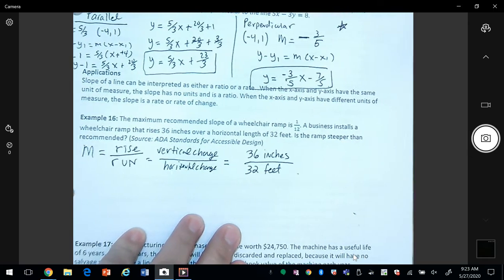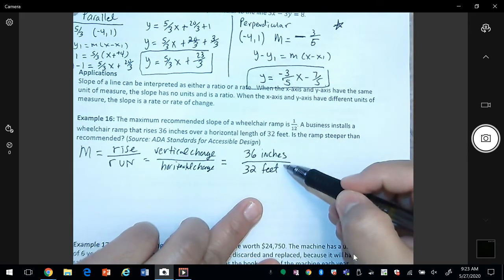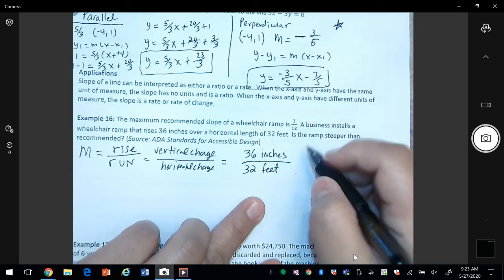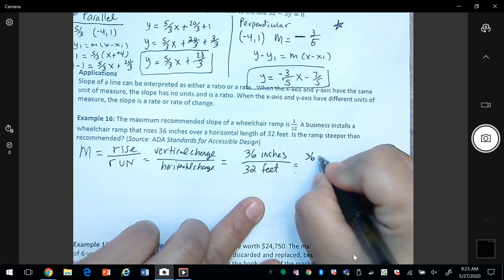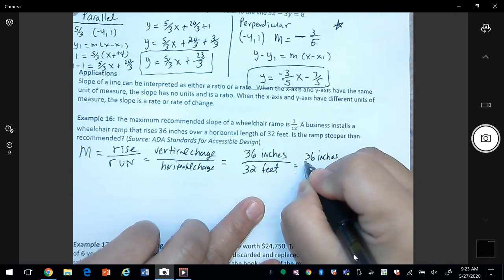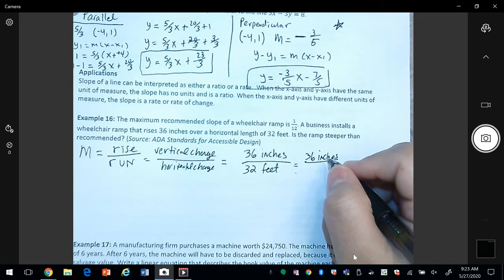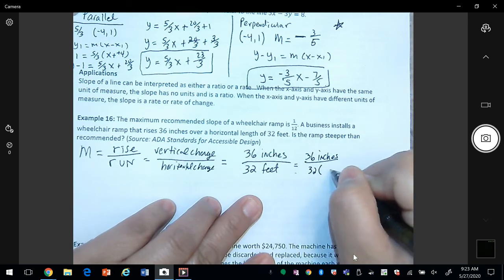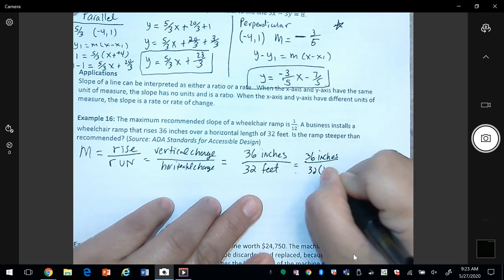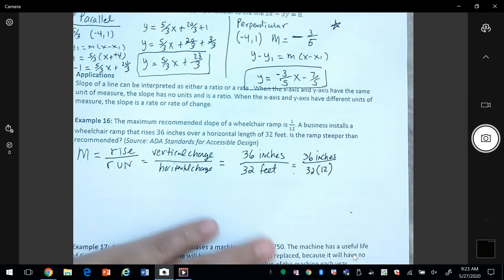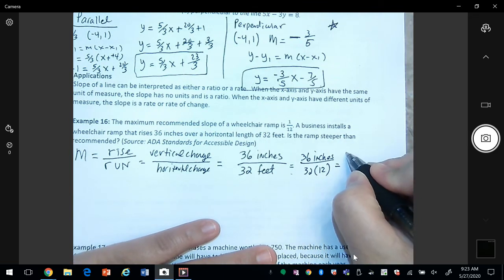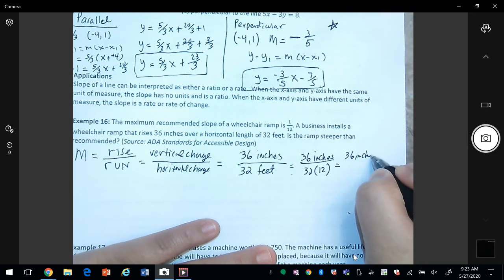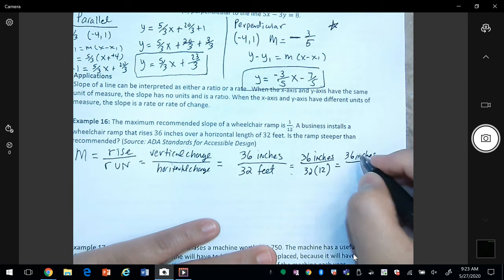So to have a better understanding of this, let's convert feet to inches so that we can have the same units. So we have 36 inches, and for 32 feet, there are 12 inches in 1 foot. And so we would have 36 inches divided by 384 inches.